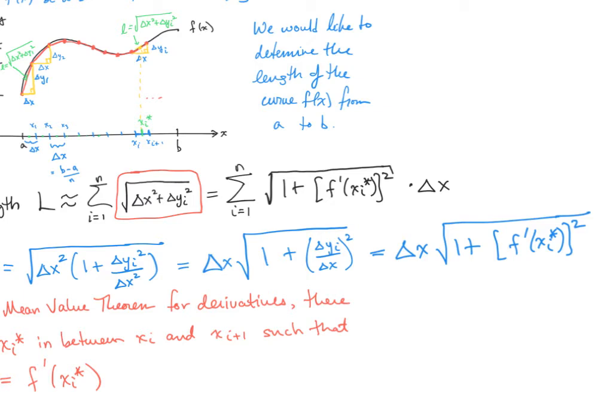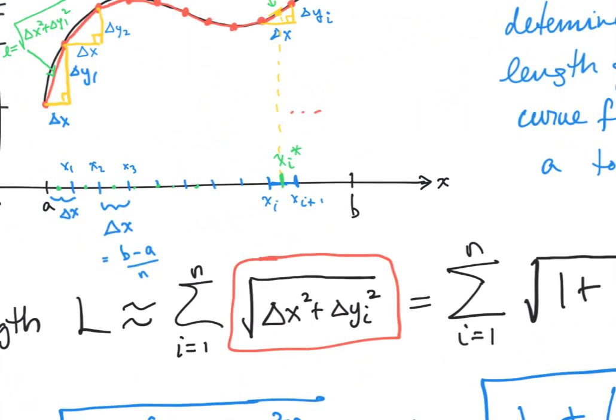But, as usual, if we take the limit as n goes to infinity, this is a Riemann sum. And so as n goes to infinity, our choice of our x sub i star really doesn't matter so much, because these little intervals are going to get closer and closer together.